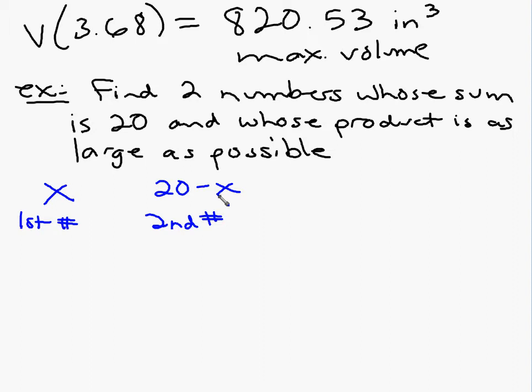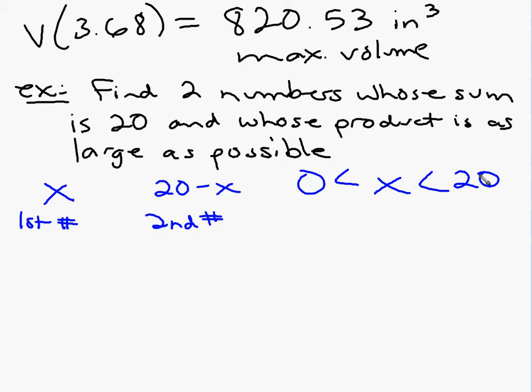Now, let's think here for a second. Don't we have kind of a little domain restriction on this thing? I mean, can either of the numbers be bigger than 20? No. So I know that the x has to be in between 0 and 20. We would call that a domain restriction on our x.